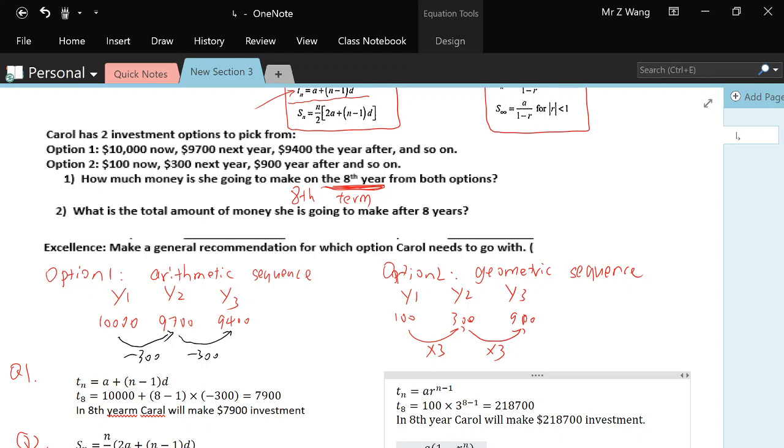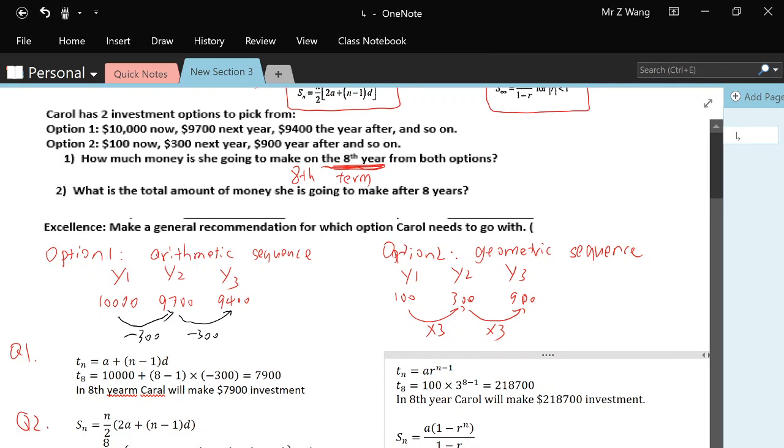Okay, now we substitute. A is the first term, which is 100. 100 times 1 minus r, the ratio, 3 to the power of 8, divided by 1 minus 3. The formula looks very weird, but it's correct. So we are figuring out S8.